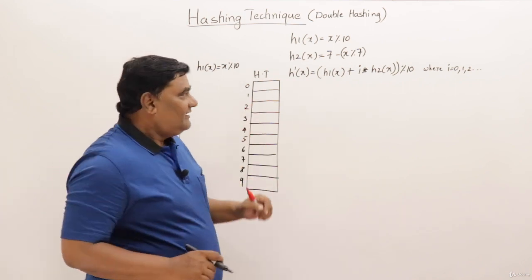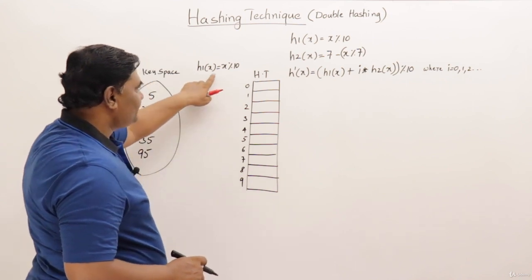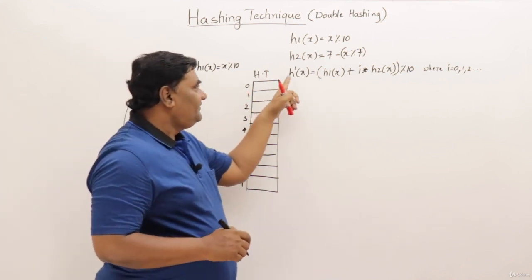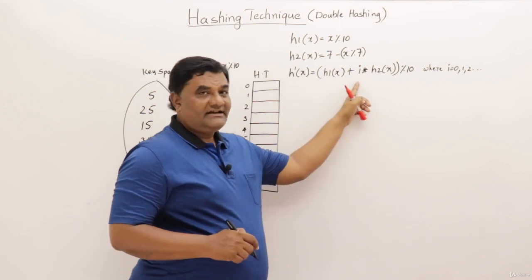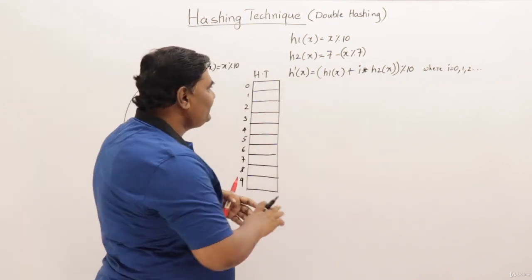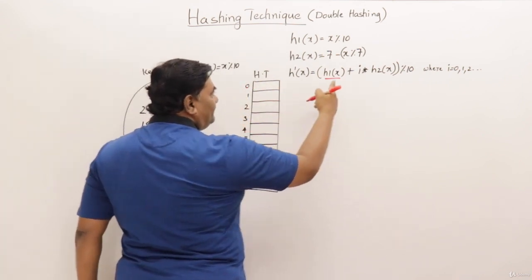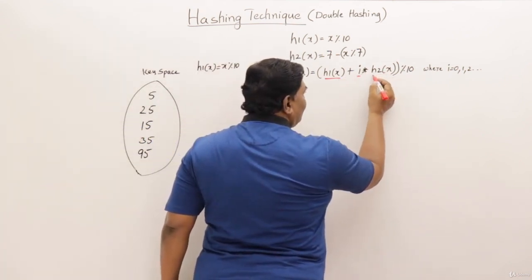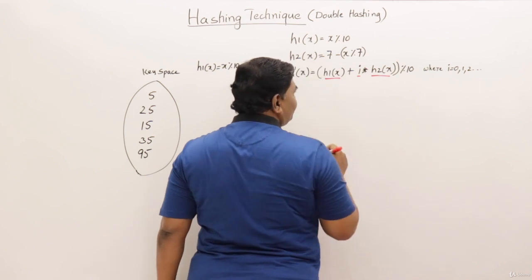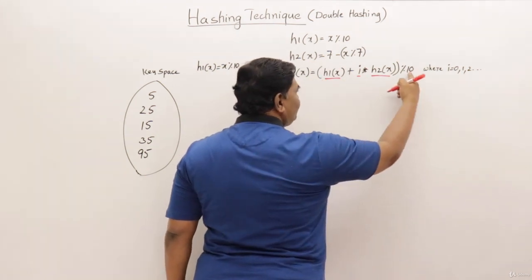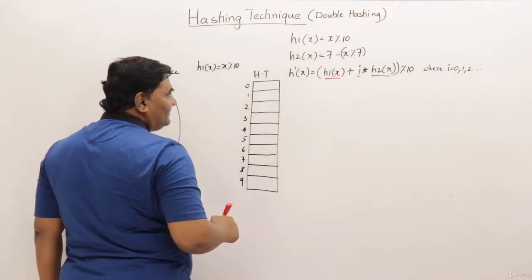The next thing, we will use the regular hash function. If there is a collision, then we will try to use this modified hash function. So let me explain this modified hash function. This is h1, same, plus i into the result of the second hash function. And this entire result is mod by the size of the hash table.